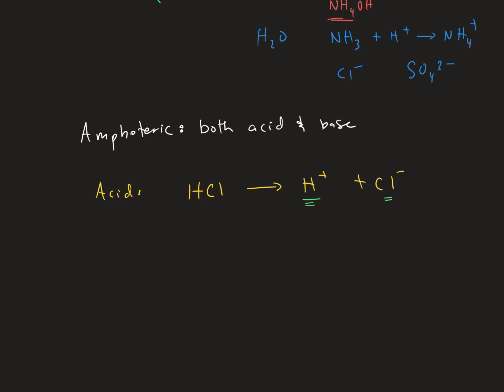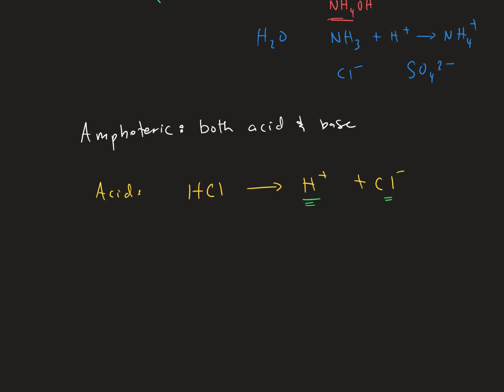Oh my gosh, that's crazy, right? So an acid will turn into a base once it gets rid of its hydrogen ion, and the base will turn into an acid once it accepts a hydrogen ion. Does that make sense in your mind?